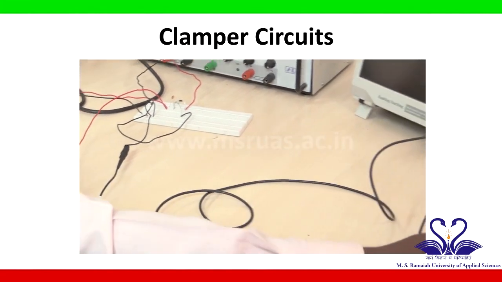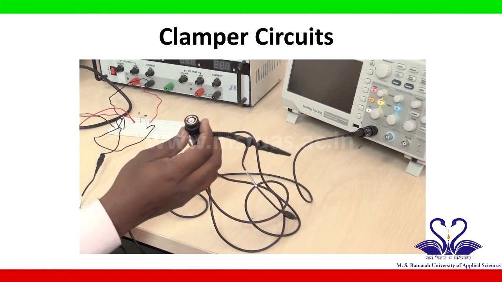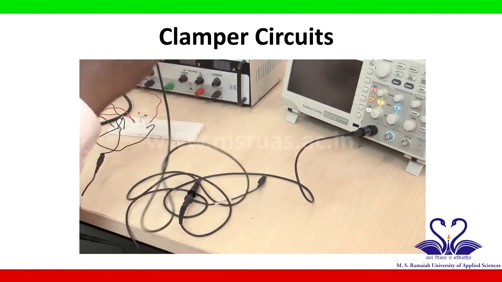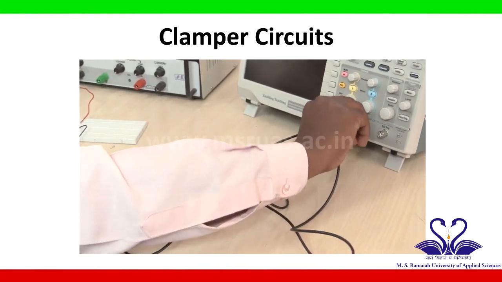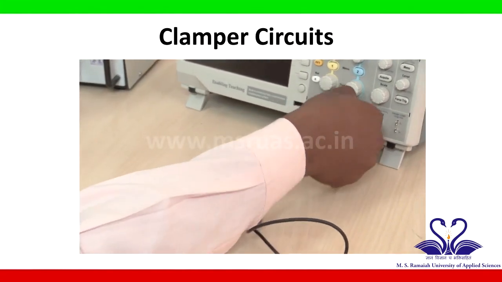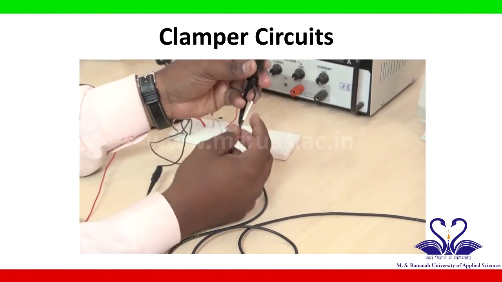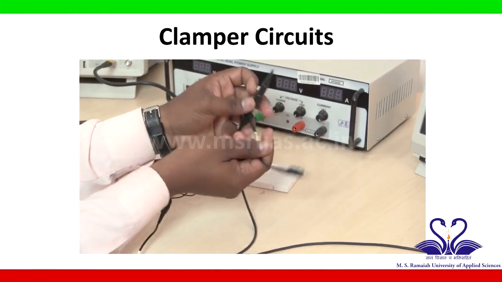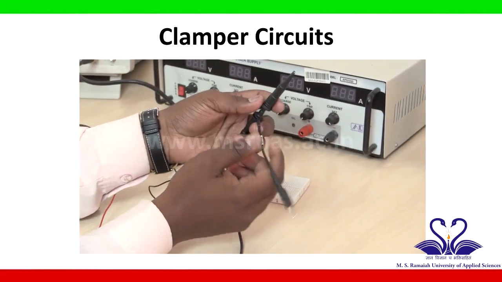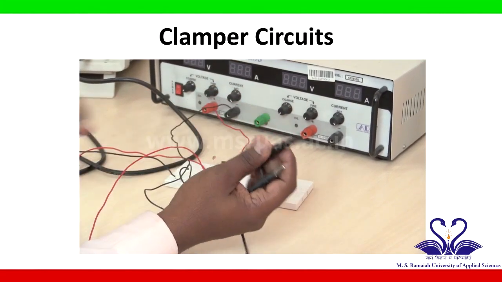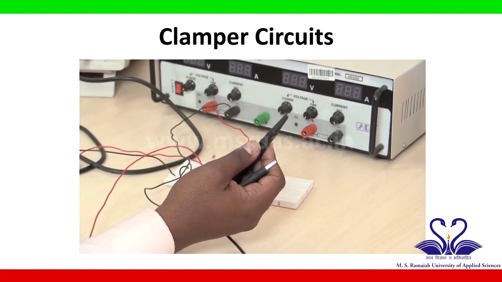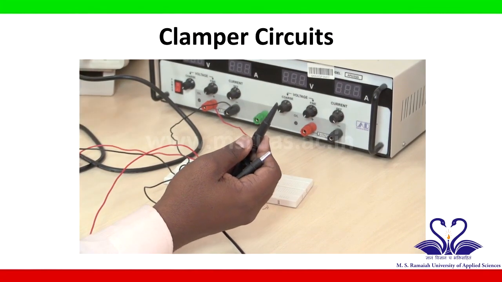Now we will take one more probe, the second probe, which is connected to channel 2. Again this probe has two terminals, one is positive, this terminal, and one more is negative. According to the circuit diagram, the output is measured across the resistor.